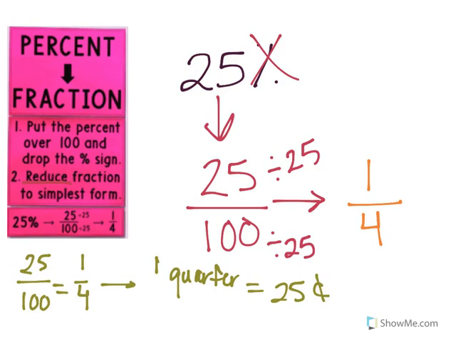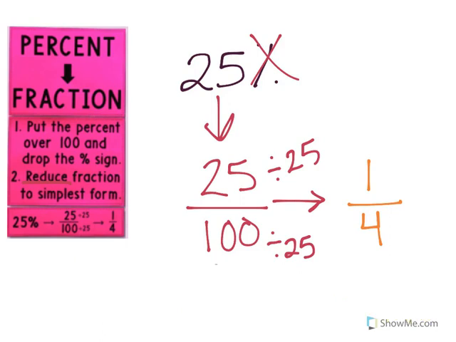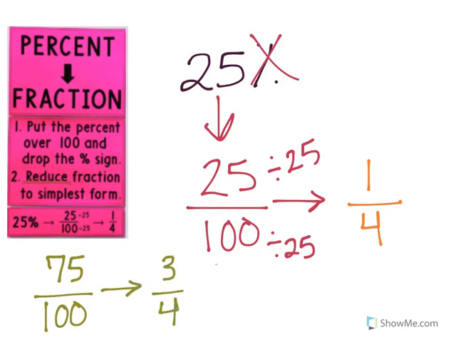If I wanted 1 whole dollar, I would need 4 quarters to give me $1. So let's say that I had 3 quarters. 3 quarters is going to be 75 cents, or 75 over 100, and this is going to reduce down to 3/4. So 3 quarters is 75 cents, where 4 quarters is 1 whole dollar.